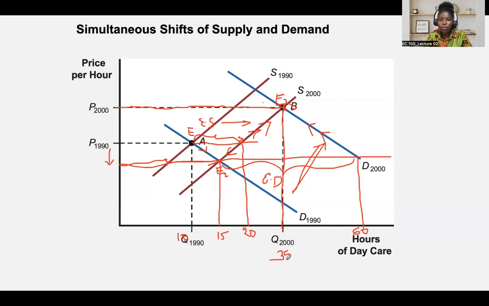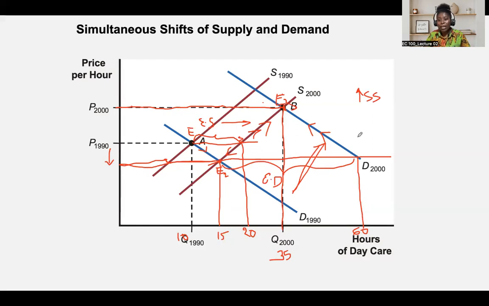35. So how do we conclude when there is a simultaneous shift? First you have to know the shift. What is the shift? What has happened?